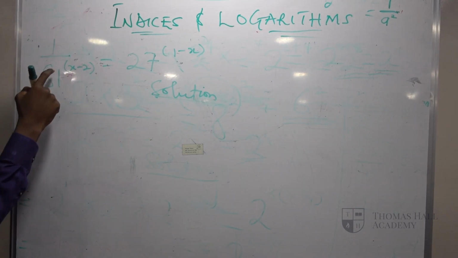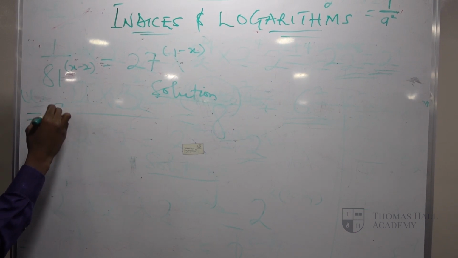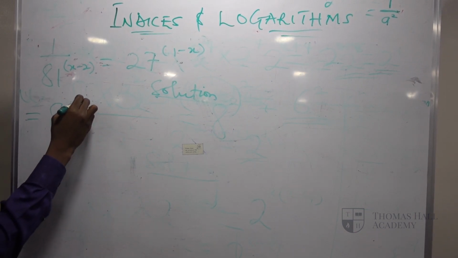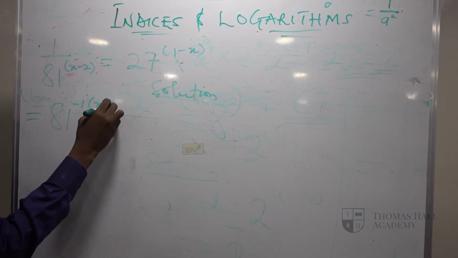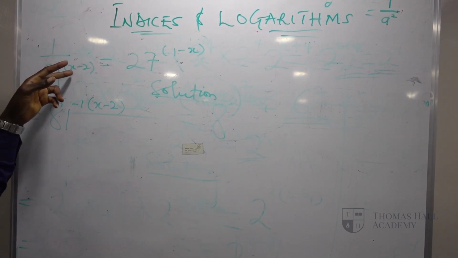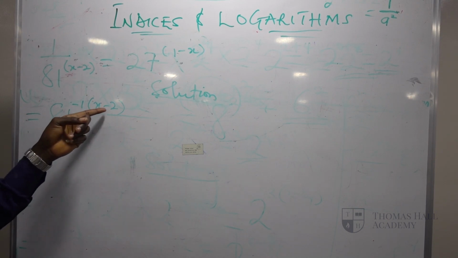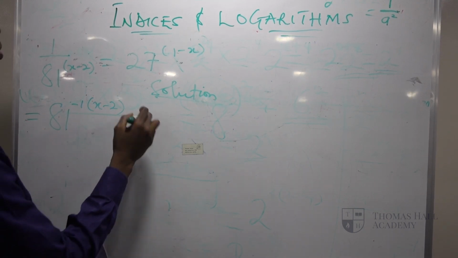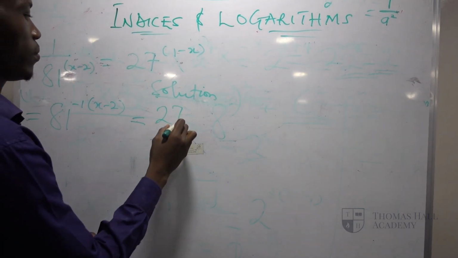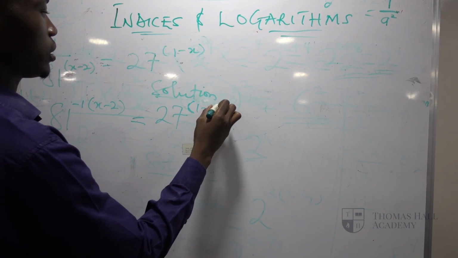This 1 over 81 raised to the power x minus 2 can be written as 81 raised to the power minus 1 and then x minus 2. Another way of writing 1 over 81 raised to the power x minus 2 is 81 raised to the power minus 1 times x minus 2, equals to 27 raised to the power bracket open 1 minus x.